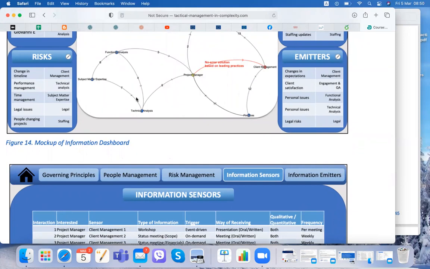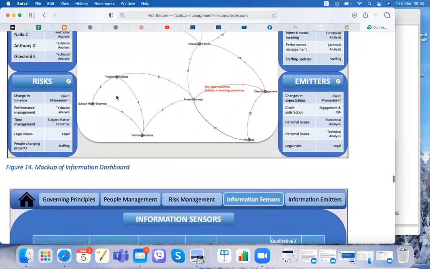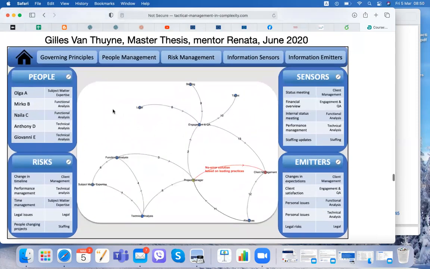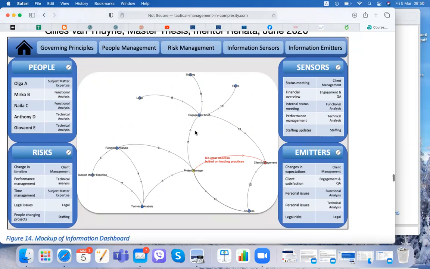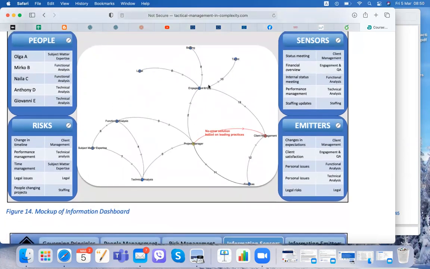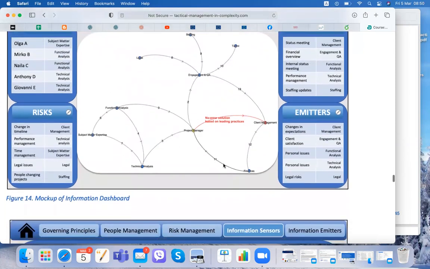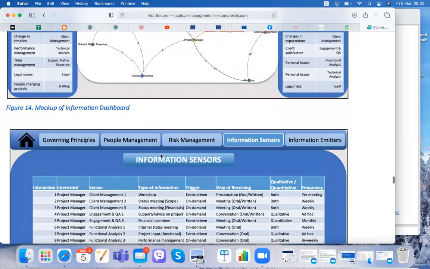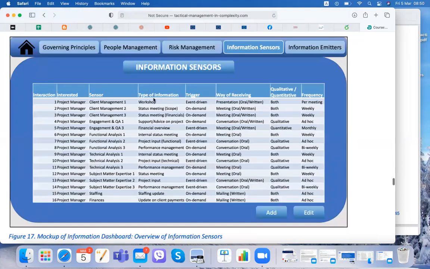And we have technical analysis, functional analysis, subject matter expertise as roles, legal, staffing, talent. So these roles can also have funny names, not just the ones that we know as job positions, finance, et cetera. For example, for the information sensor on client management, we need to know whether the primary purpose is achieved, whether the outcome is being made.